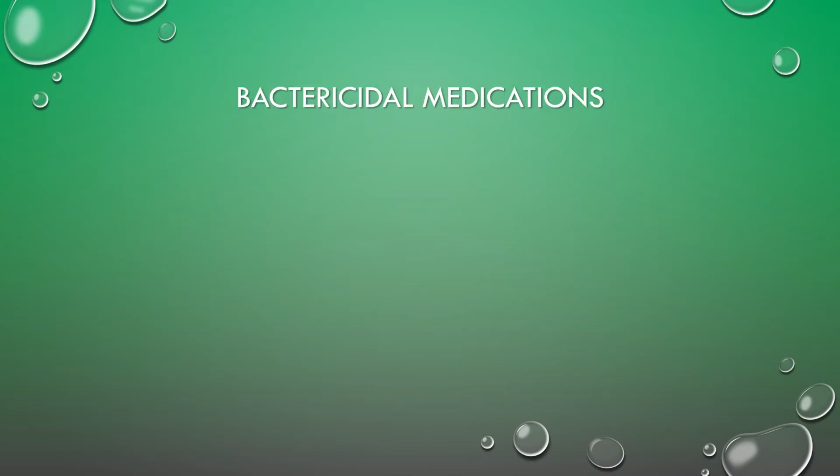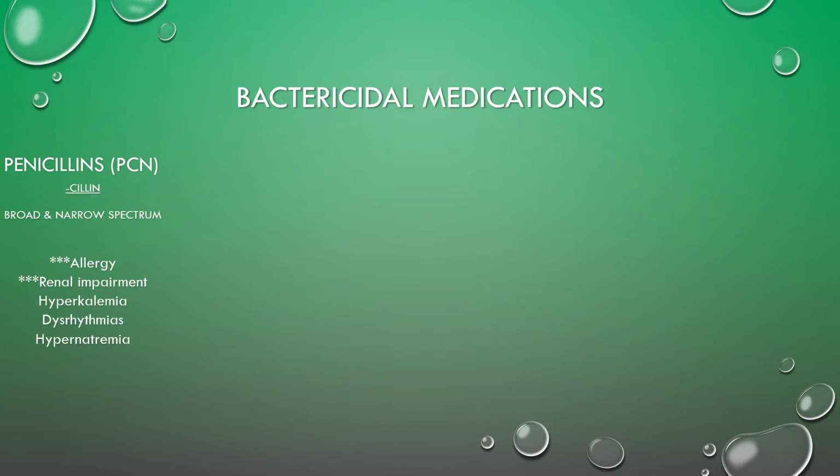Bactericidal medications. We have penicillins. These are going to usually end with that cillin. These are broad and narrow spectrums. We have a high incidence of allergies to these types of medicines and renal impairment. These are going to be your two flagged areas that are very common with these type of medications and need to be aware of and what they look like.